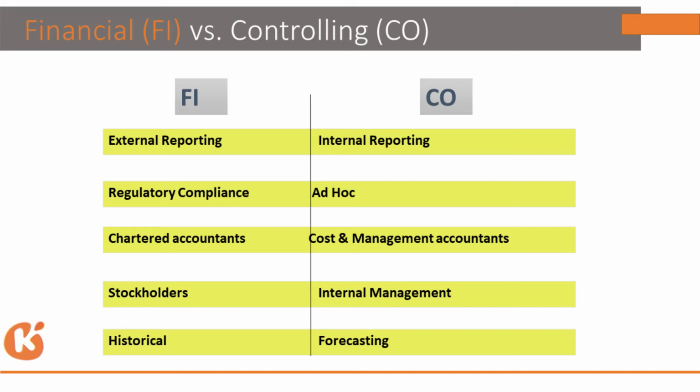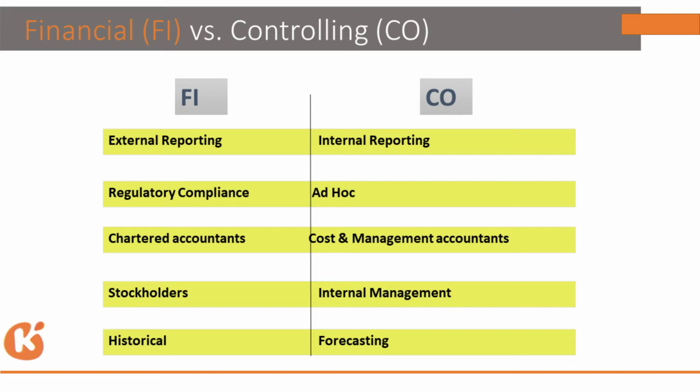So the basic purpose of controlling is for management reporting and various profitability report, segmental report, okay, customer group profitability, then reporting on cost. So that will derive from controlling. So that is the components of CO. So last time also we discussed.